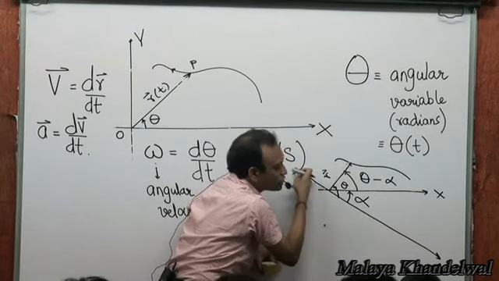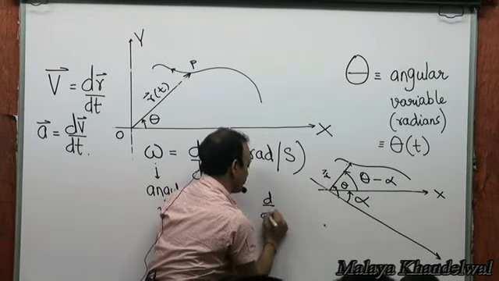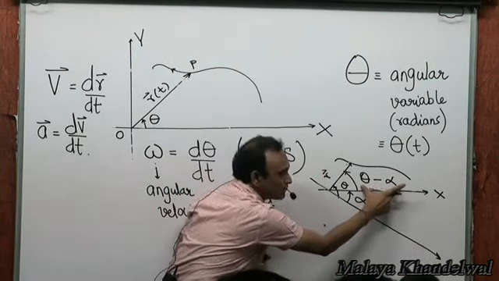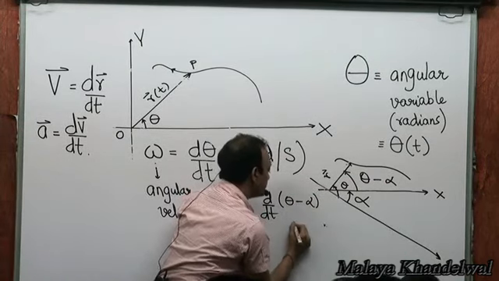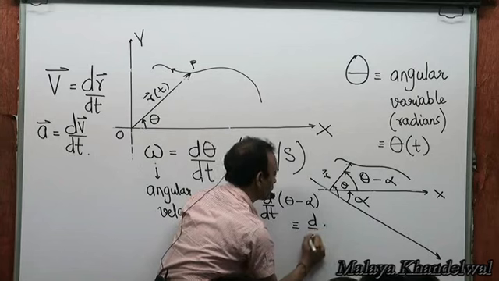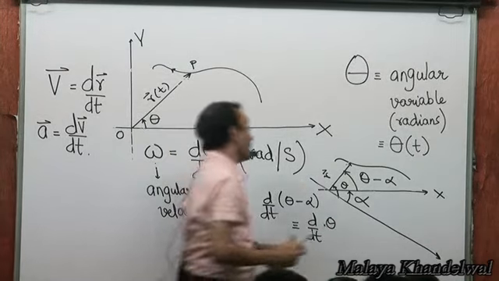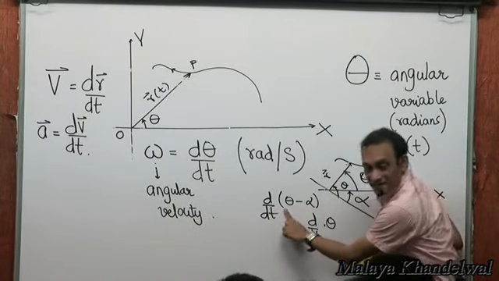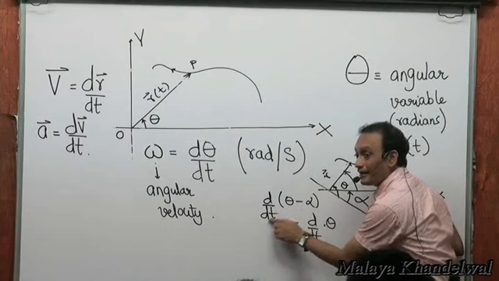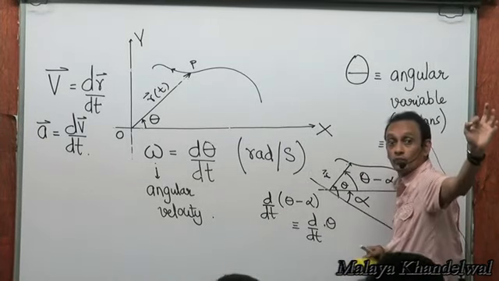Theta is the disposition of r with respect to the line L. And I claim that d dt of theta minus alpha is the same as d dt of theta. Why so? Because alpha is a constant. If I differentiate this, it will give me d dt of theta minus d dt of alpha. But d dt of alpha is 0.